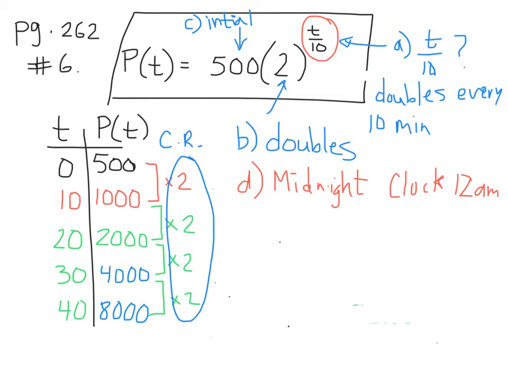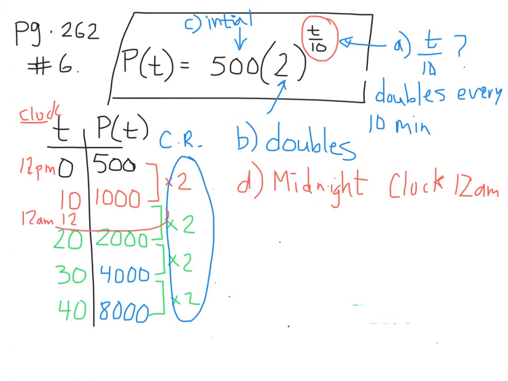Now, if you take a look at the question, it says a species of bacteria begins with 500 at noon. So on the clock, the initial is 12 p.m. If you want to know at midnight, what we're going to look at is 12 hours later to become 12 a.m., midnight.